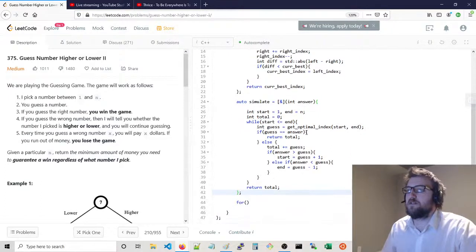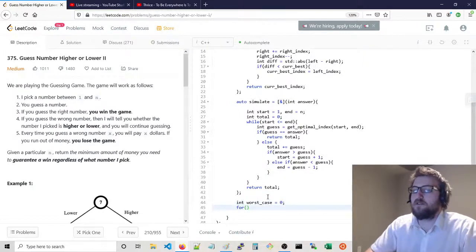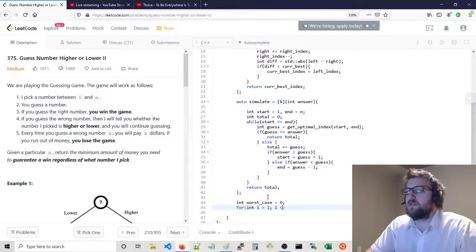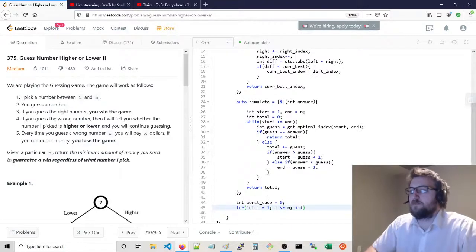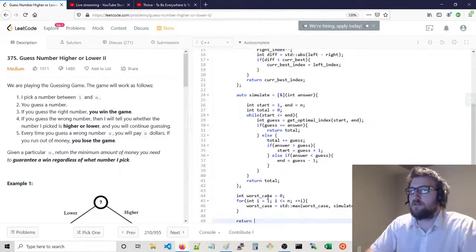We simulate, and now we say int worst case equals 0, i equals 1, i is less than or equal to n, plus i, worst case equals std max of worst case and simulate i, return the worst case.